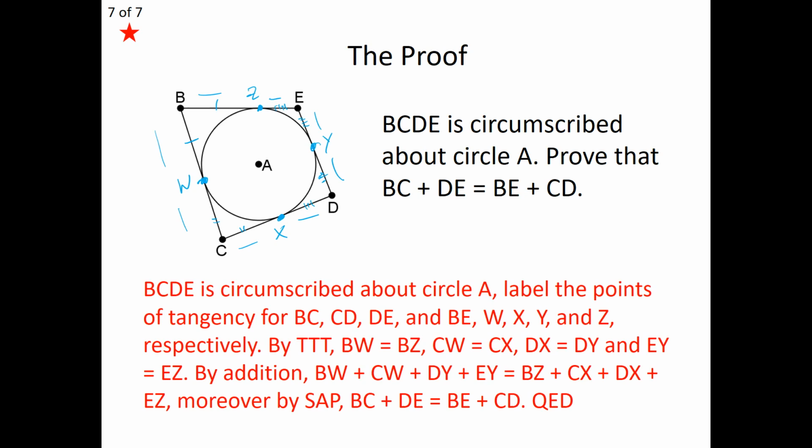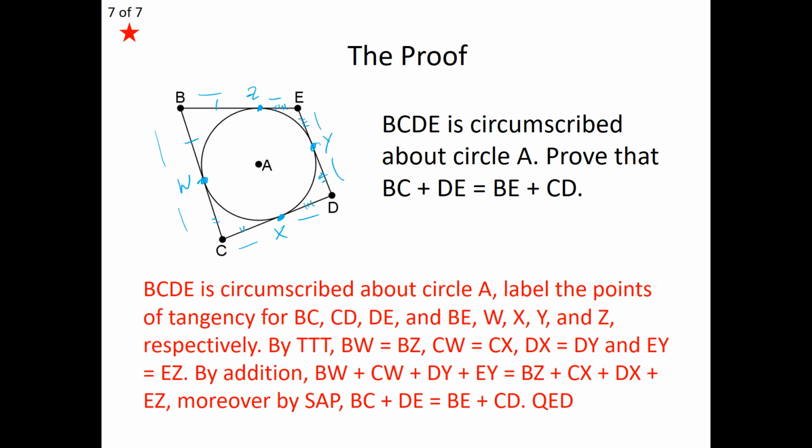And what we'll then find is that BW and CW add up to the whole by the segment addition postulate. They add up to BC. And EY and DY also add to the whole, which is DE, which means we've already got the sum of our opposite sides.